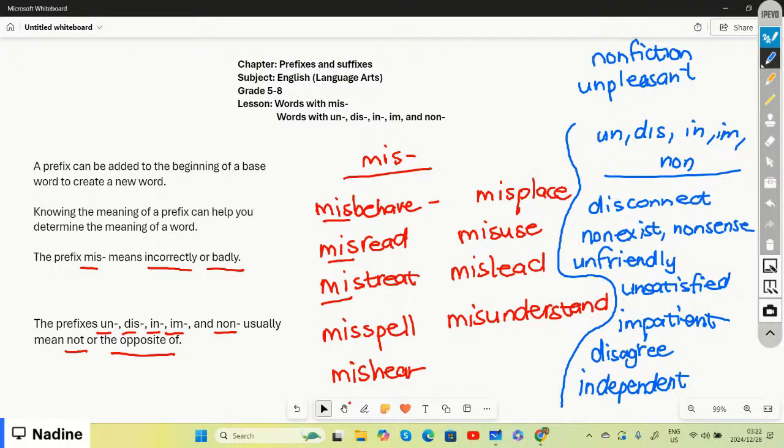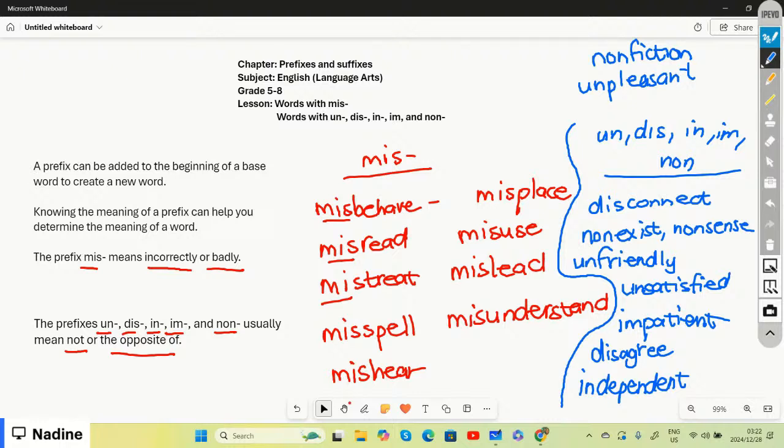And then we also looked at the words with the prefix miss, which means incorrectly, or badly. We looked at a few words: misbehave, misplace, misread, misuse, mistreat, mislead, misspell, misunderstand, mishear.